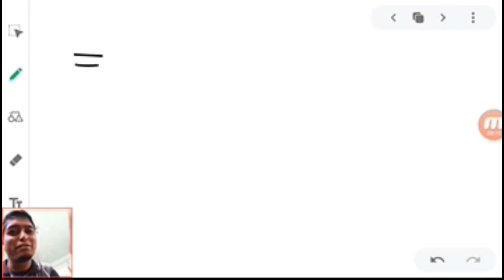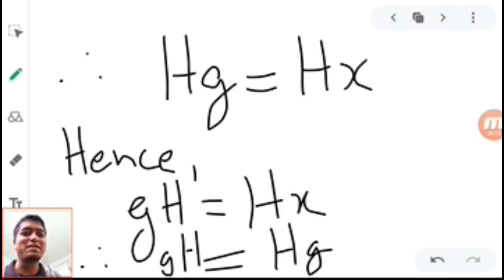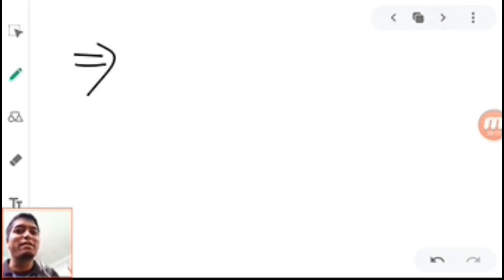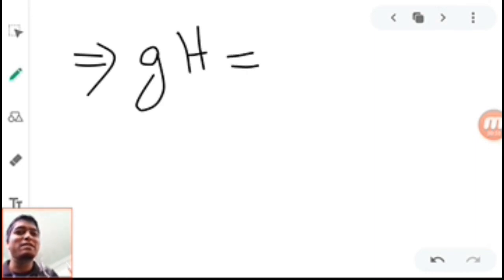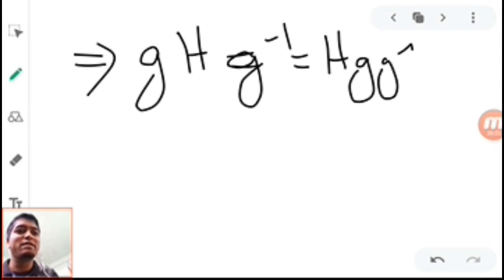In fact, we can go another line multiplying by g inverse to the right. What will we have? gHg inverse equal Hgg inverse.